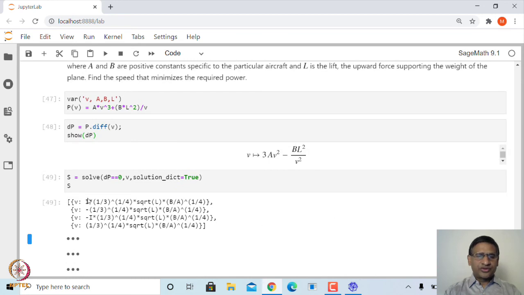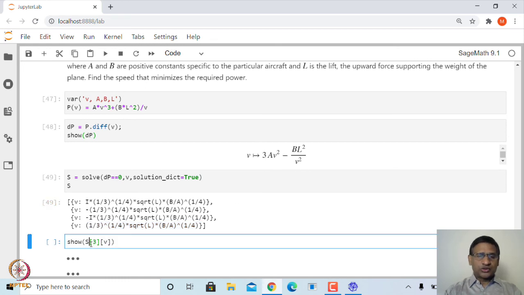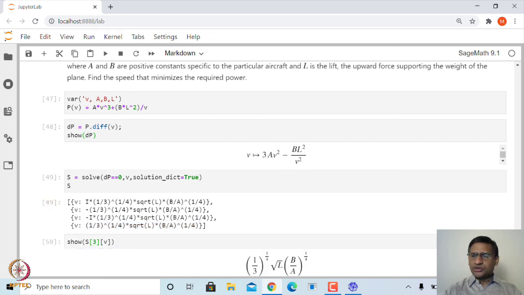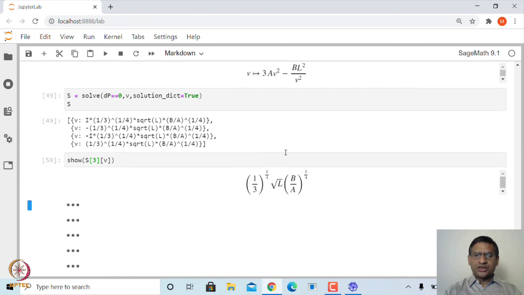In this case you can see that there are 4 roots, but 3 of them are imaginary, only the fourth root is real. So, that is the point at which this power is minimum, that is the velocity at which the power is minimum. Let me show you. So, this is the velocity at which the power is minimum.